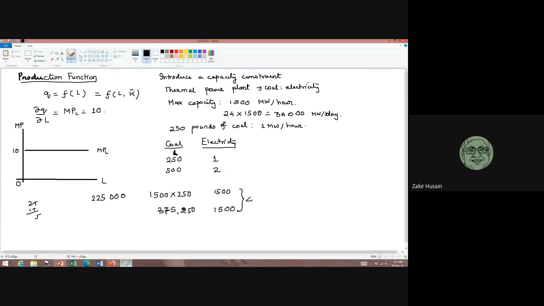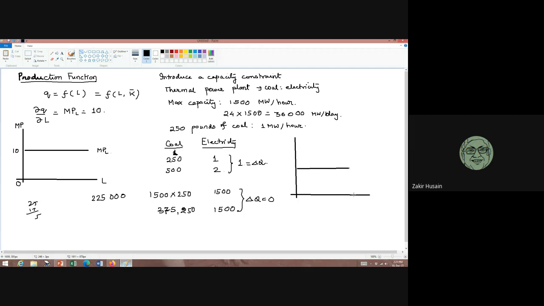So what is the increased production? It is 0. So over here, if you go on increasing by 250, this is the increased production. But after you reach 1500, you cannot increase production still further. So we can think of the curve in this manner: marginal product is constant over here.